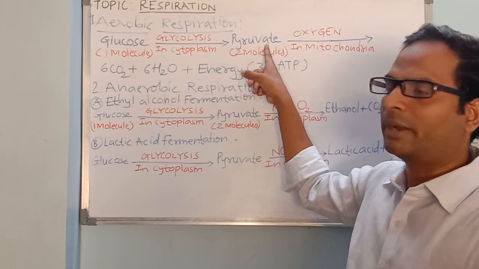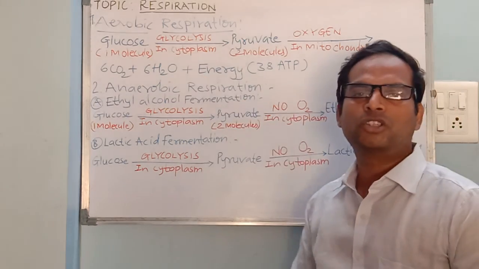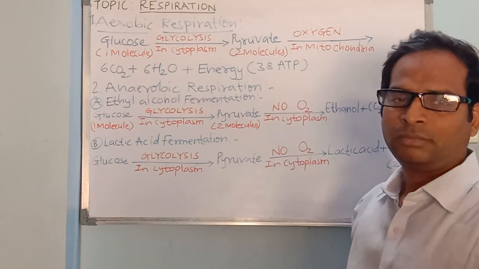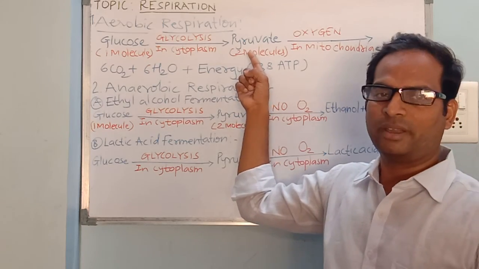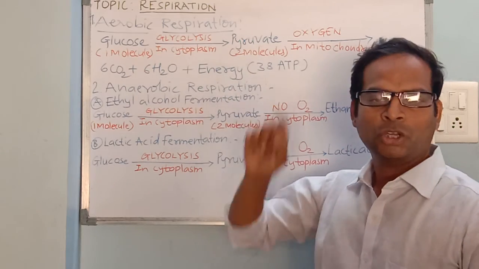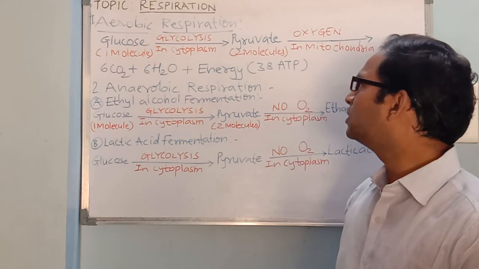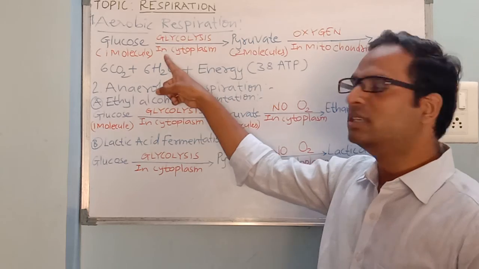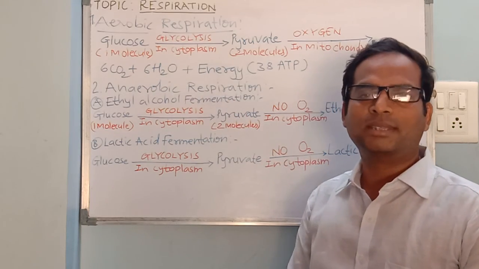You can write pyruvate as it is mentioned in your textbook. That is, 1 mole of glucose is broken down into 2 moles of pyruvic acid. This is a 6 carbon compound, this is a 3 carbon compound. So one 6 carbon compound is broken down into two 3 carbon compounds. The process occurs in the cytoplasm and this is called glycolysis.